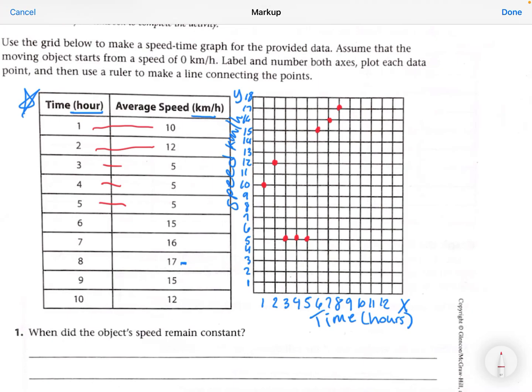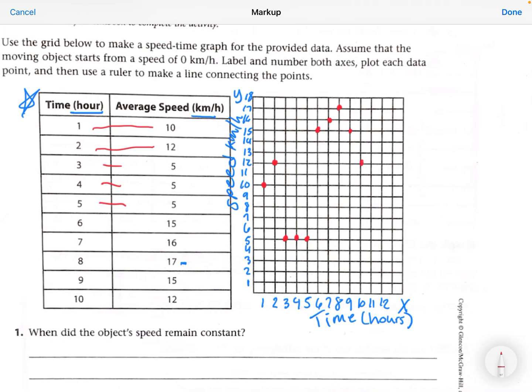I think I missed one, so let me see. We have hour number 6, hour number 7, we were at 16. Hour number 8, we were at 17. Hour number 9, we're at 15. So right there. There we go. And hour number 10, we are at 12 kilometers per hour.